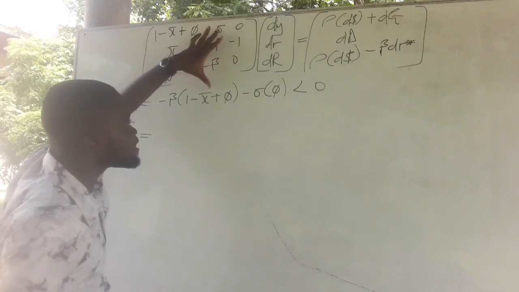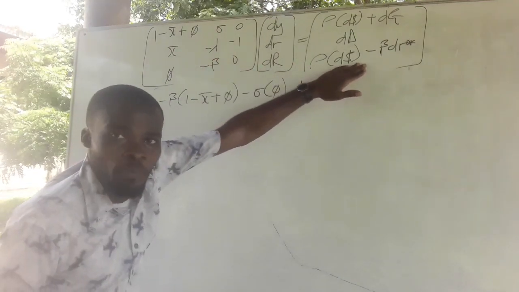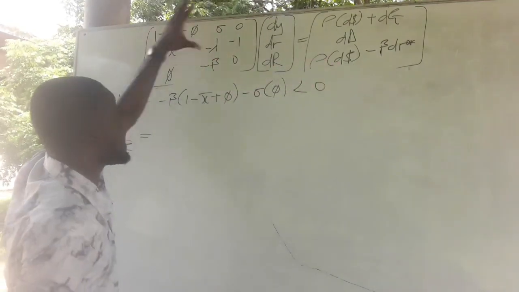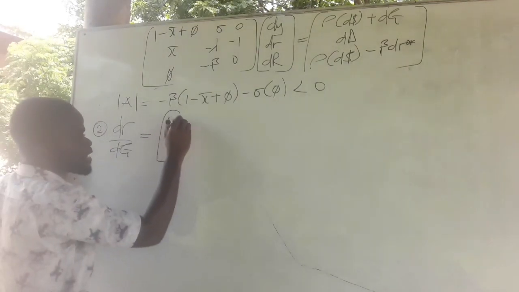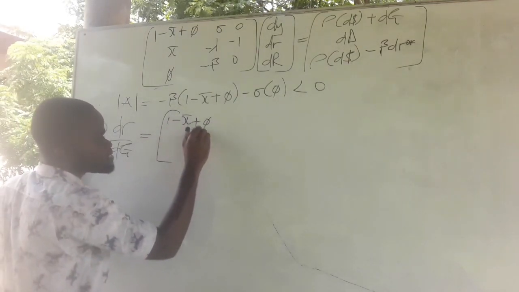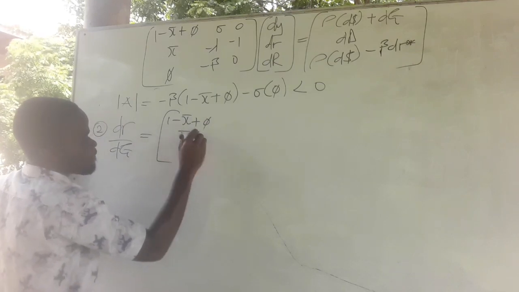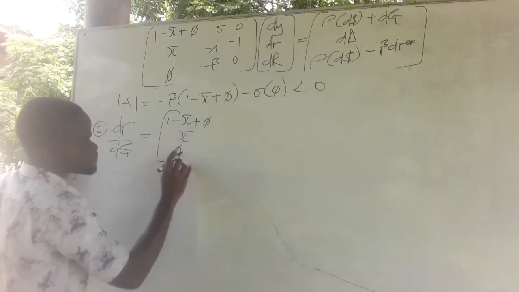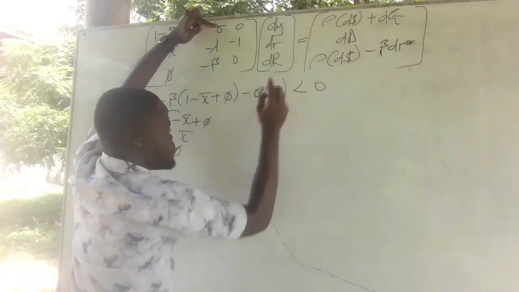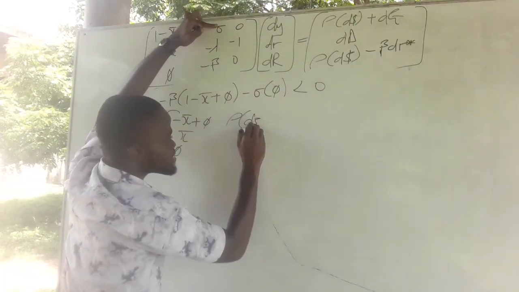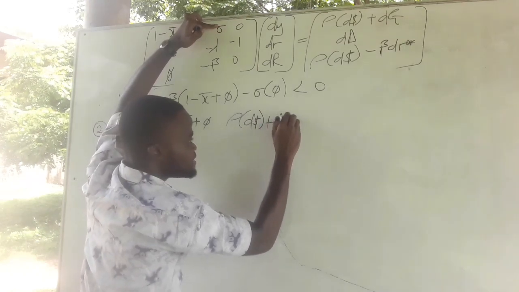So we clear the second column and replace it with the policy variables that we have here, maintaining the other columns, the first and the last column. So what the new matrix will give us is 1 minus pi plus theta, pi theta. Then instead of sigma, we will replace it with rho the dollar sign plus the g.